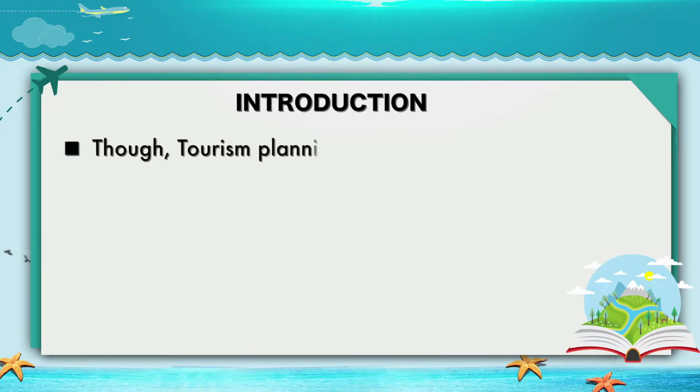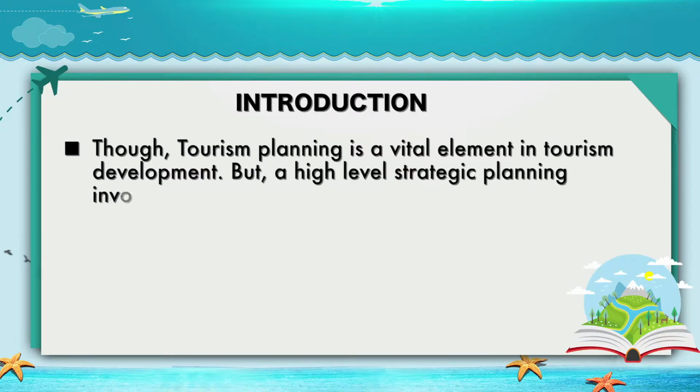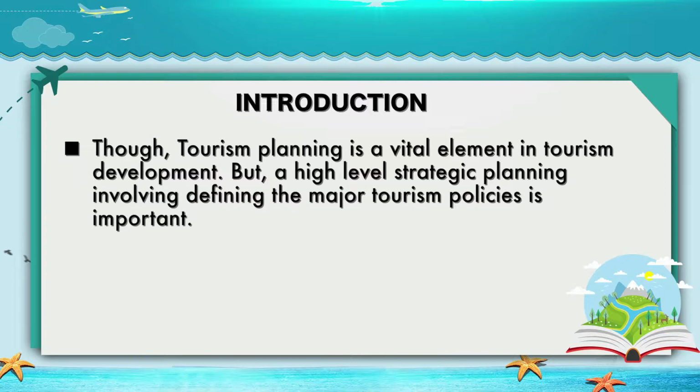Though tourism planning is a vital element in tourism development, a high-level strategic planning involving defining the major tourism policies is important. This major tourism policy document reveals an ongoing agreement among all the stakeholders within a destination that they yearn for larger participation in tourism policy.